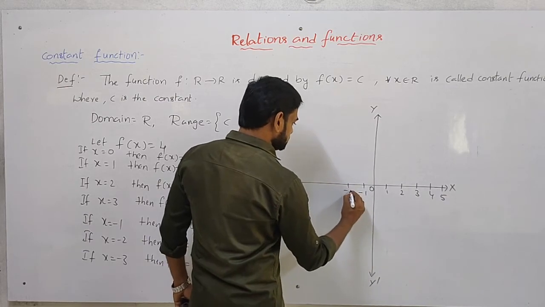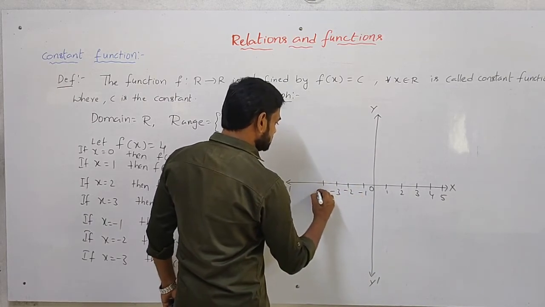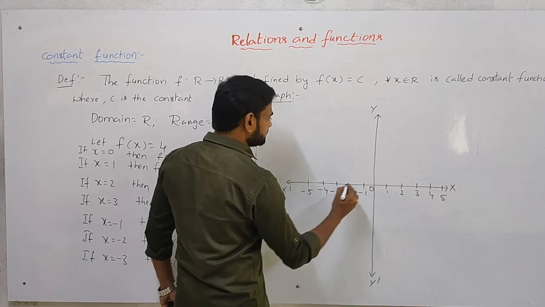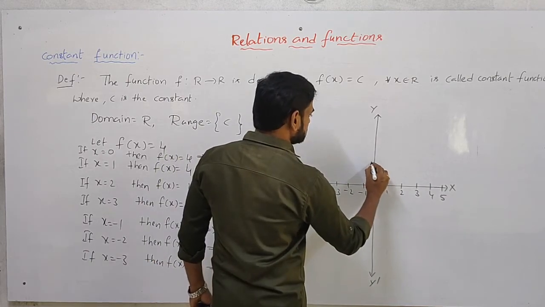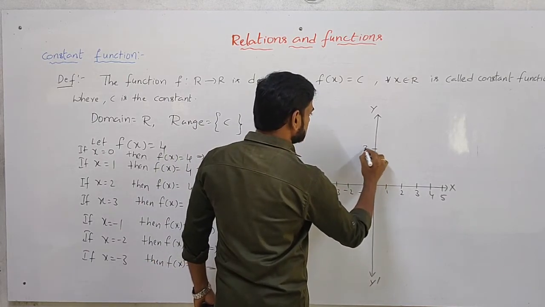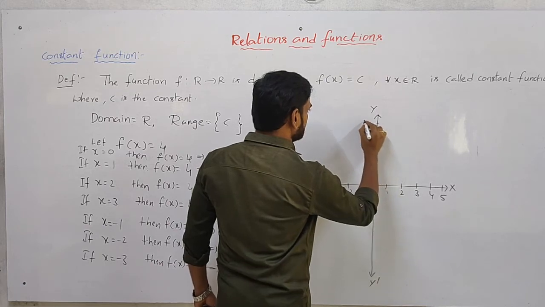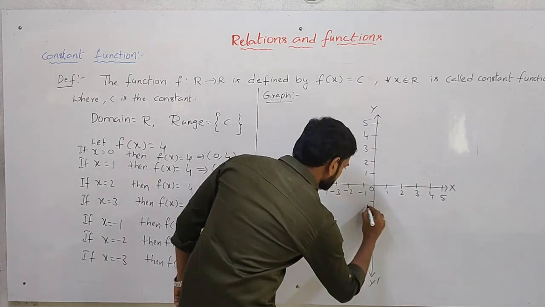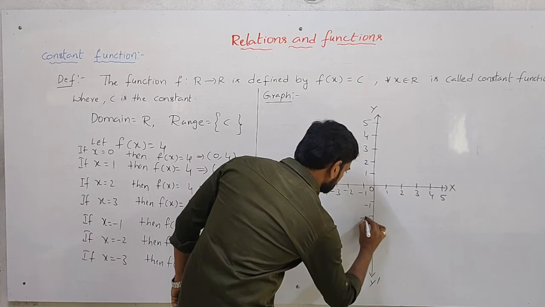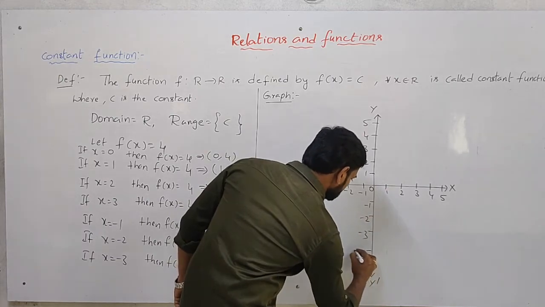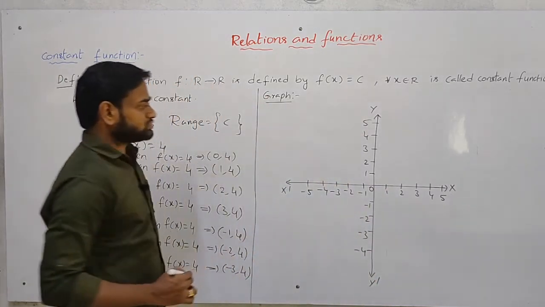Minus 1, minus 2, minus 3, minus 4, minus 5. 1, 2, 3, 4, 5. Minus 1, minus 2, minus 3, minus 4. Now see.